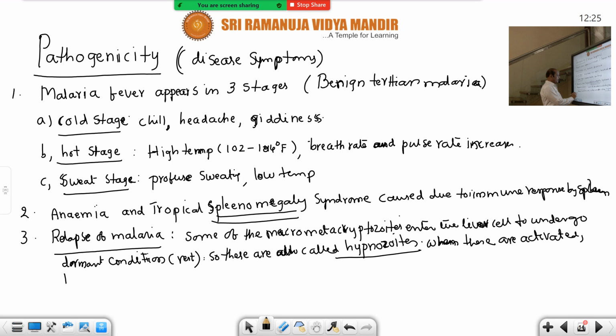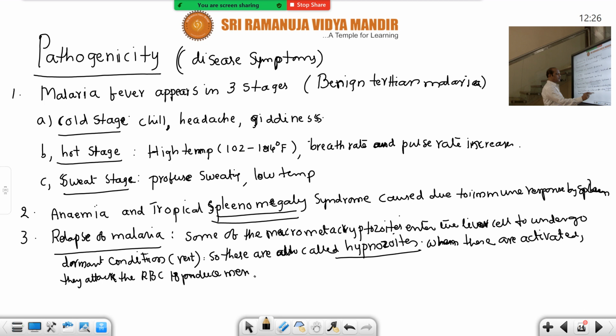They attack the RBC to produce merozoites, because the erythrocytic cycle end products are merozoites. The last, third generation merozoites are simply merozoites. Again fever symptoms appear. This is called relapse of malaria.